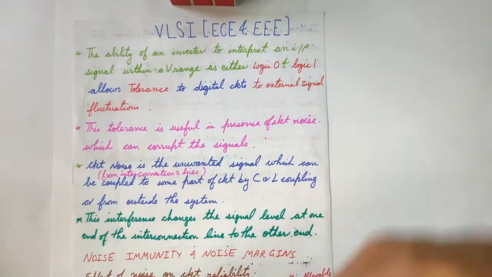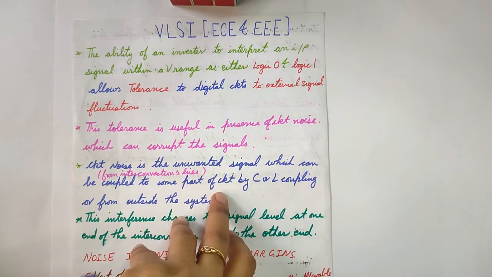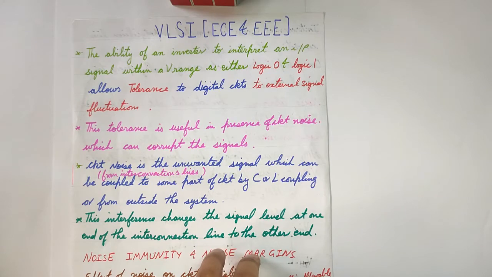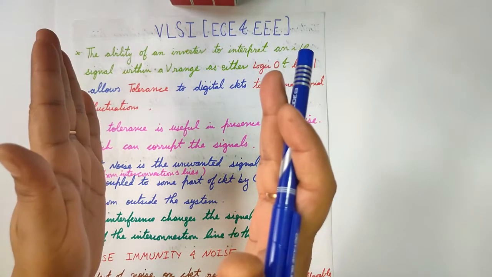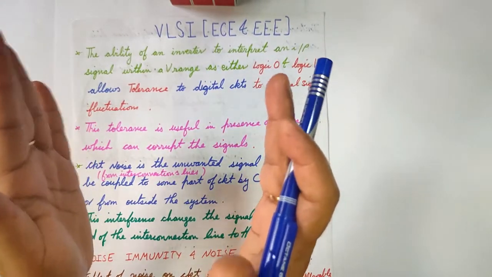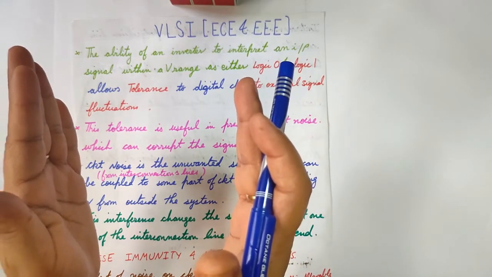So now moving ahead to today's lecture. We have seen that the beauty of MOS circuits is that they don't detect a single voltage value, and neither do they produce a single voltage value. They produce a range and they detect a range, meaning they'll treat this particular range as logic 0 or logic 1 at the input as well as the output.